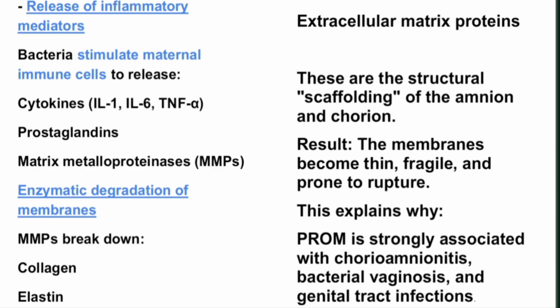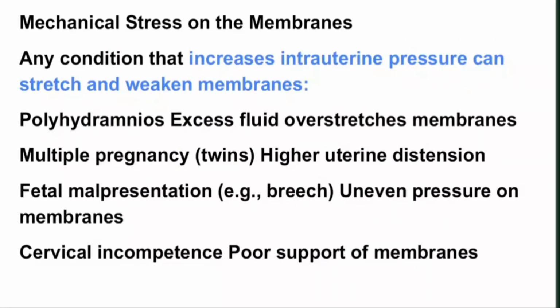All these mechanisms are going to cause enzymatic degradation of the membranes, and the matrix metalloproteases are going to break down the collagen and the elastin. So with that being said, I hope the pathophysiology has been understood.